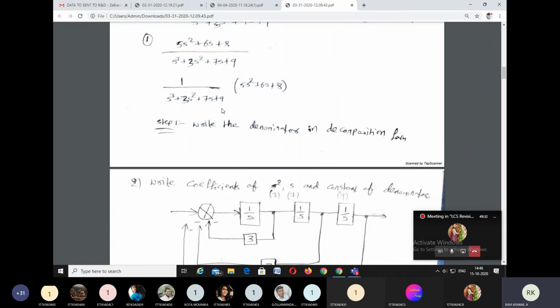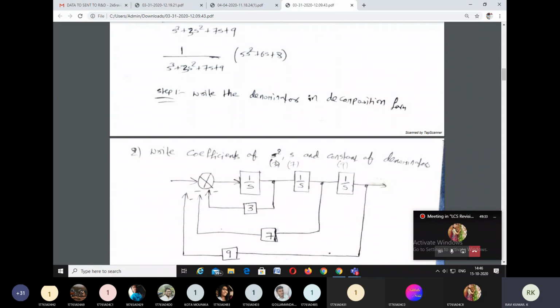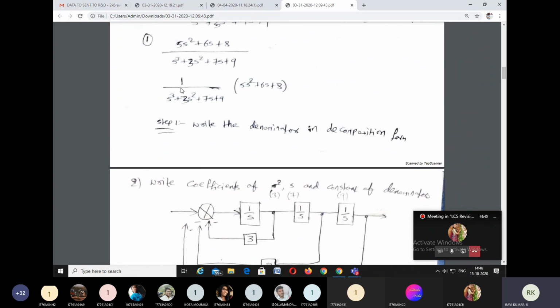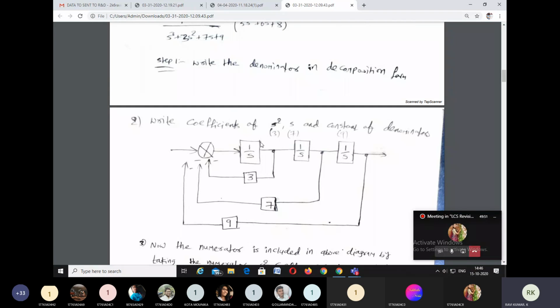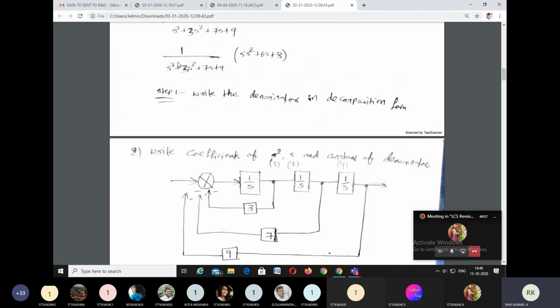Now observe that the highest order in the denominator is 3, that is, the highest power is 3. So based upon this highest power 3, we first choose three 1 by s blocks. Why choose only three 1 by s blocks? Because the denominator's highest power is 3.